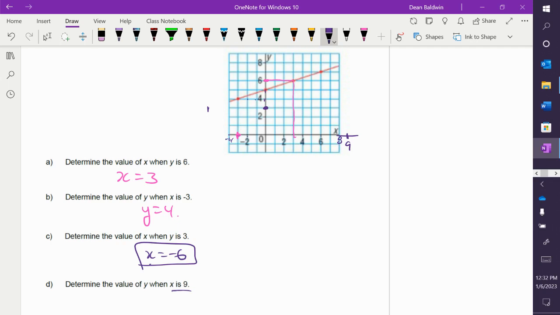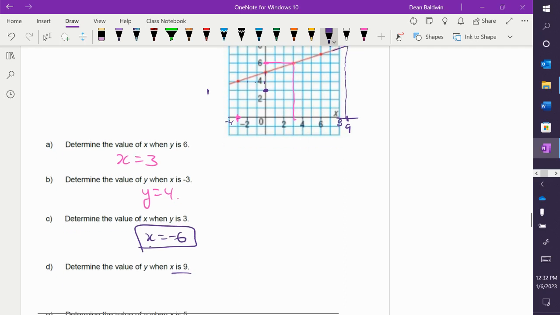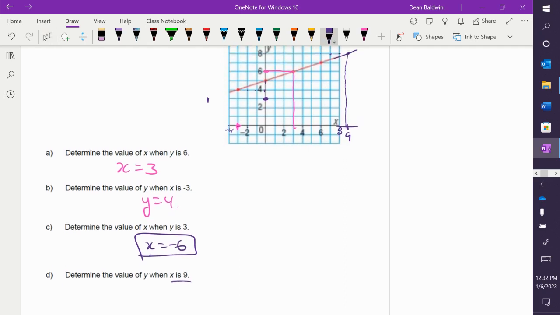So if I go up 1, over 1, 2, 3, that's where they should meet. So what's it going to be? Y is equal to 8. Does that make sense?